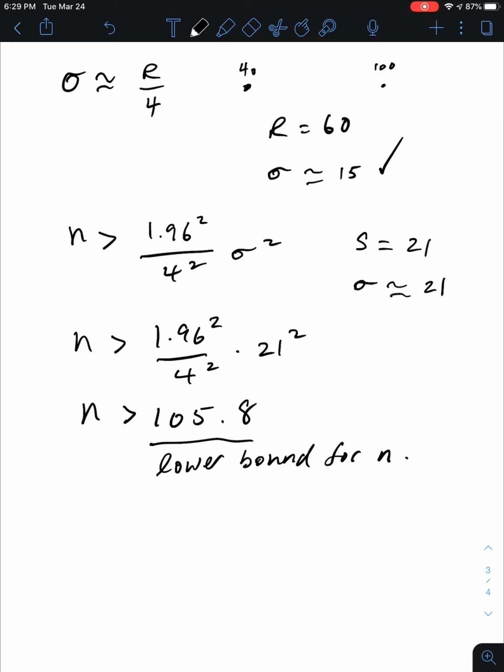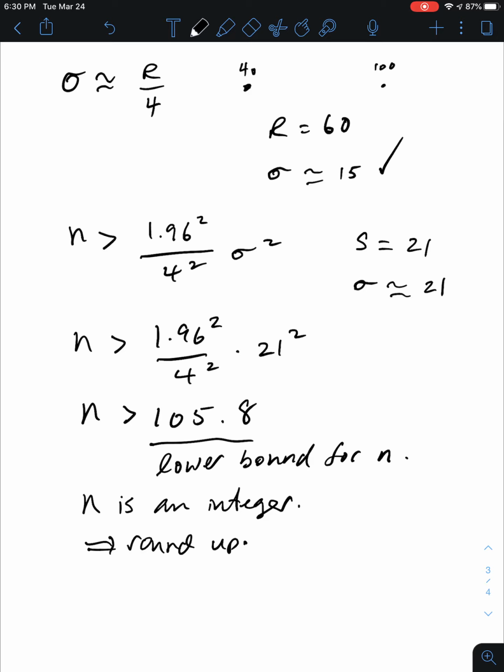And one other important thing to observe about this is that sample size is an integer. We have to find an integer that's greater than 105.8. That means we always round up in these kinds of questions.